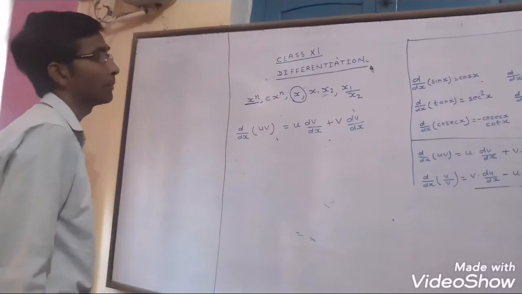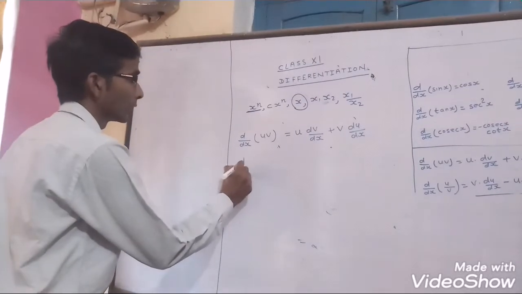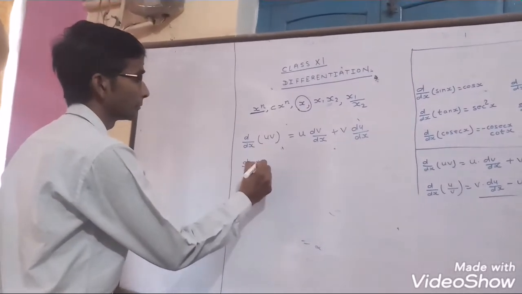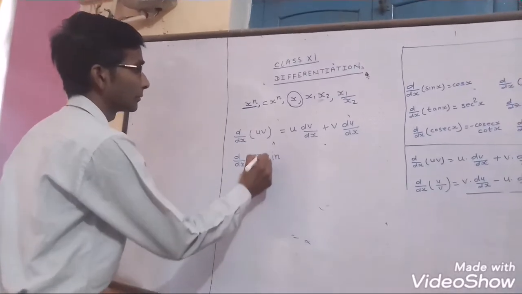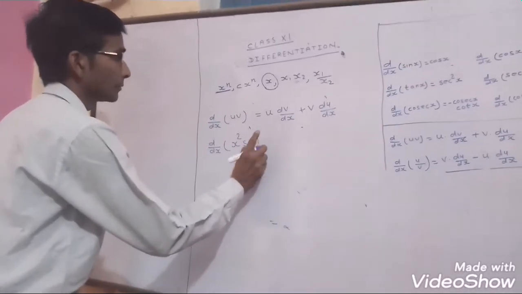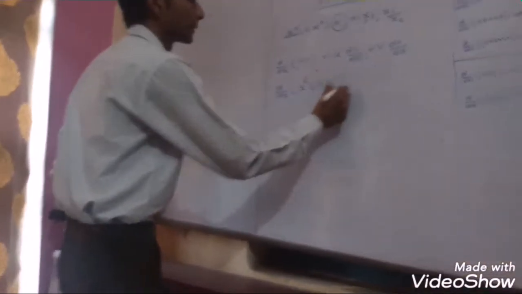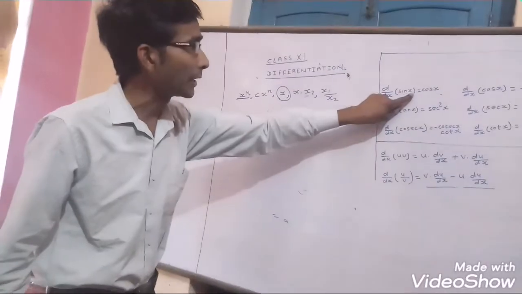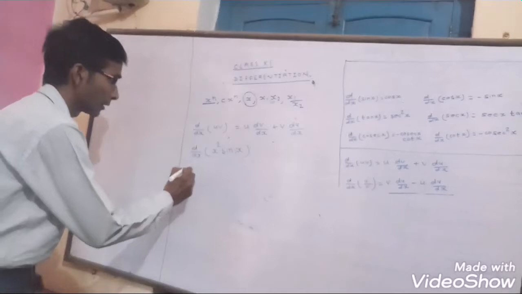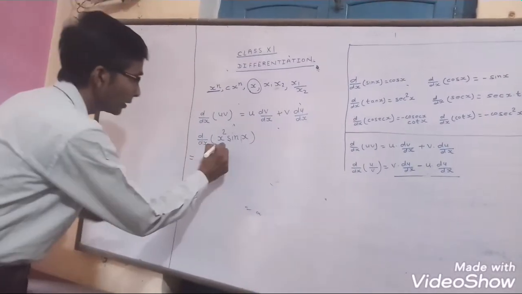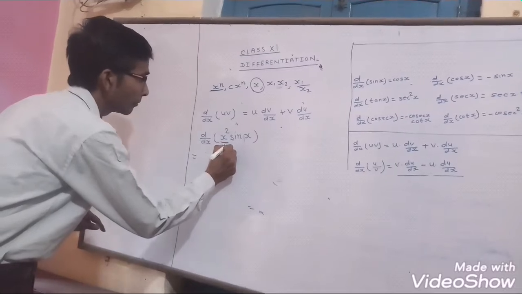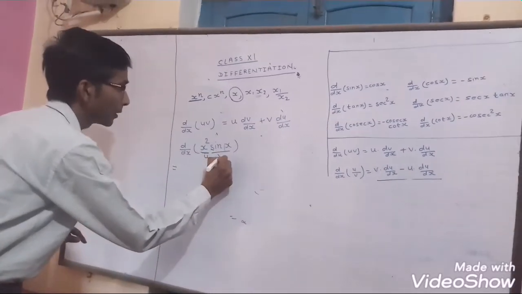We can take example d by dx x square sin x. Then you know that differentiation of sin x equals to cos x. Then first we have to write d by dx, here x square becomes u and sin x becomes v.